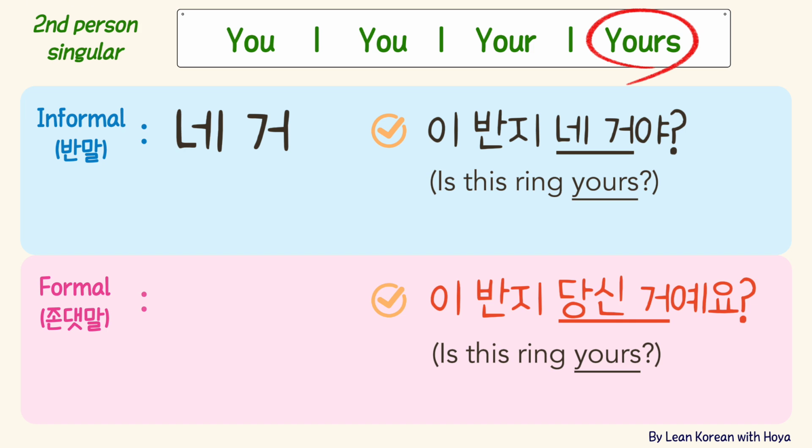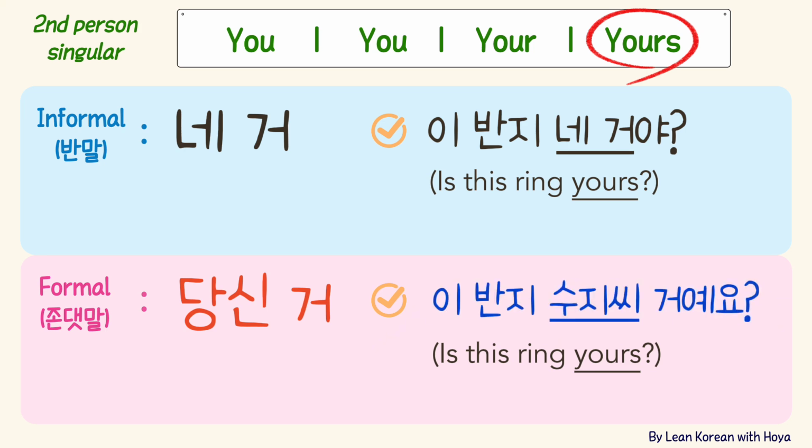For formal speech, according to the textbook, it's 당신 거. It's not wrong to say 이 반지 당신 거예요? But it's better to use the name and say 이 반지 수지 씨 거예요?